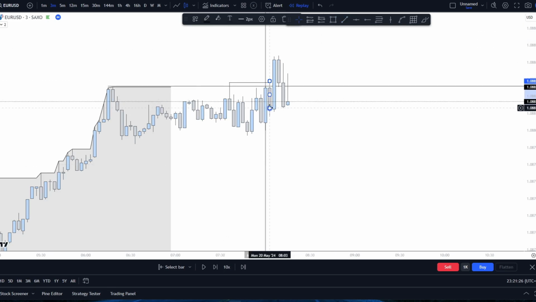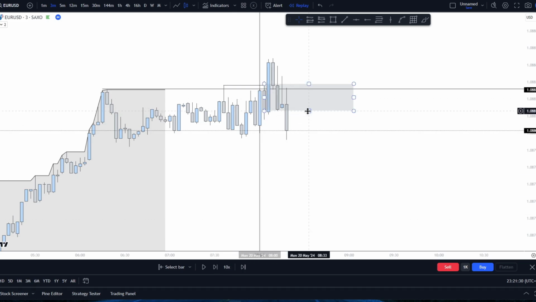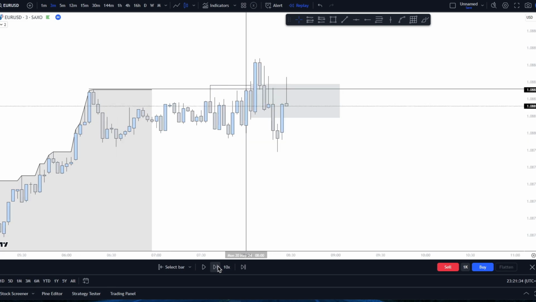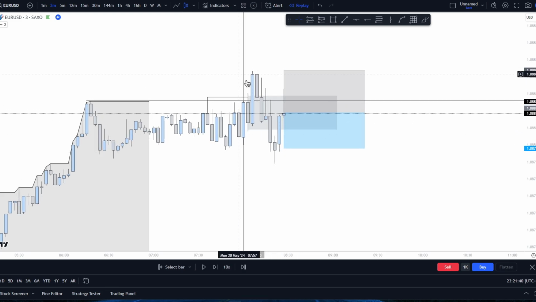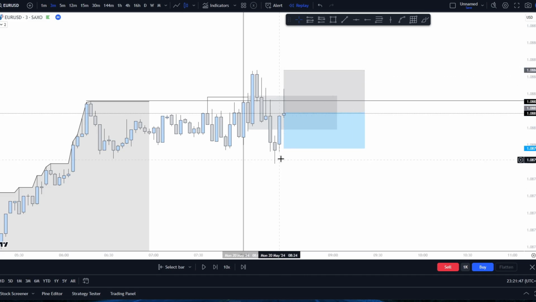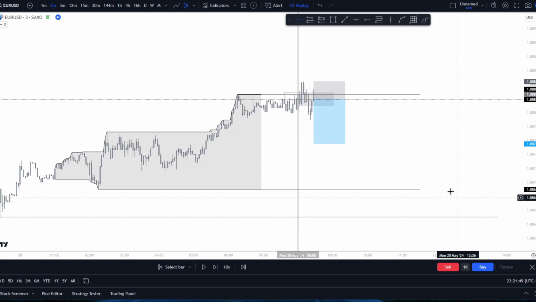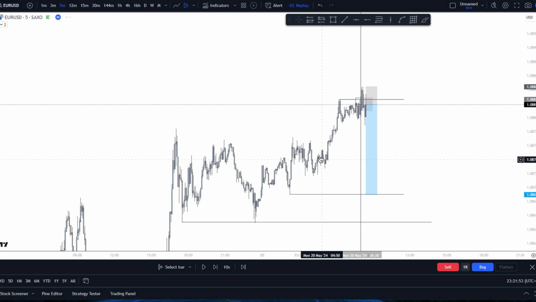Okay, we have a reclaimed order block right here, but no entry yet because we haven't closed under. Okay, so we tapped into the reclaimed order block. This is kind of messy, but still stop loss at the top, and let's target the Asian low, 5R.